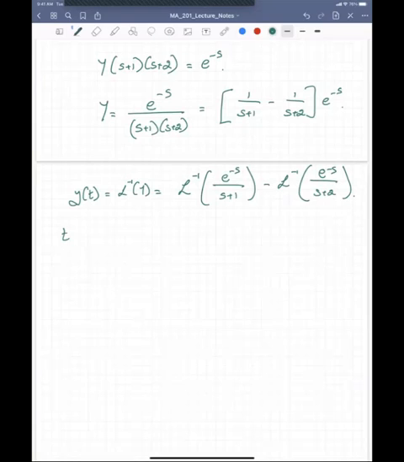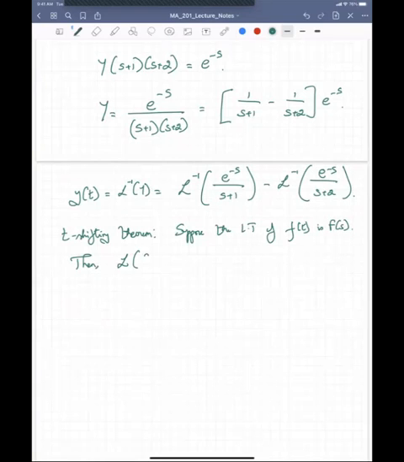To do this, we will use the T shifting theorem, which basically tells you that if the Laplace transform of a function f of t is F of s, then the Laplace transform of the function f of t minus a weighted by the Heaviside function is basically e to the minus as times F of s.